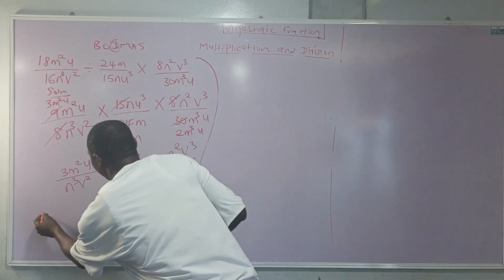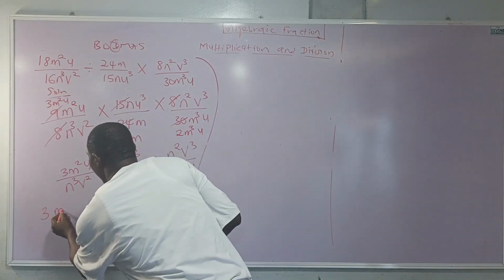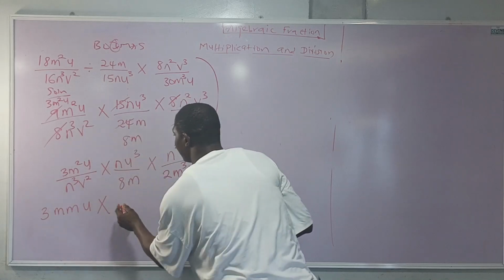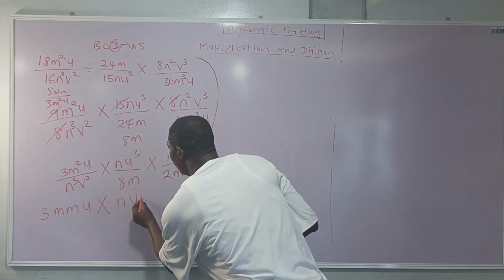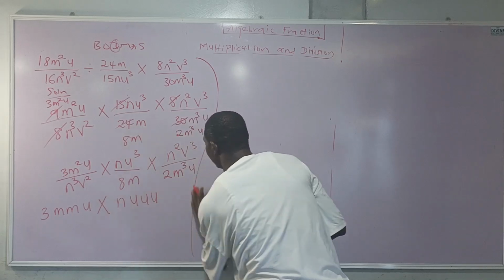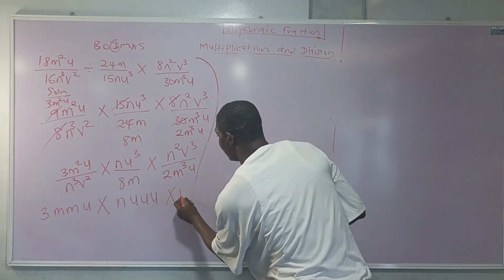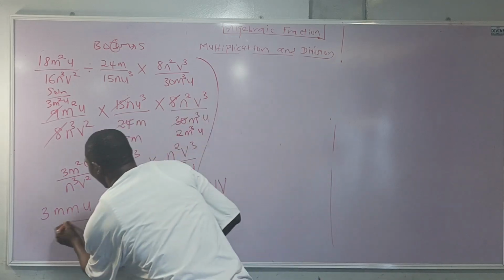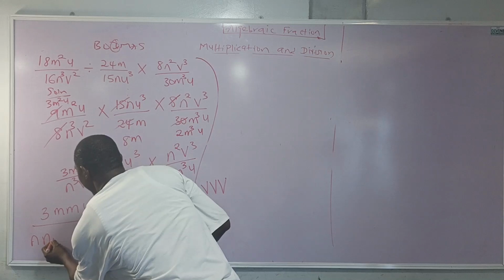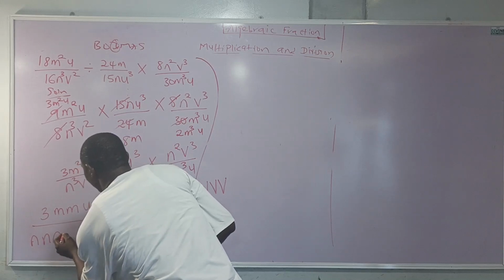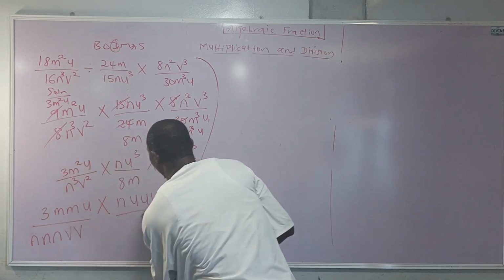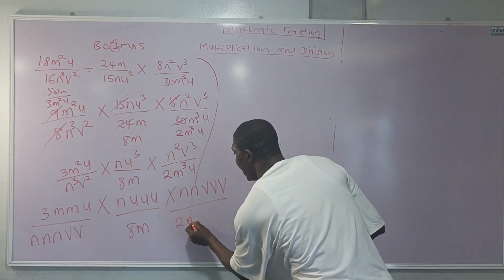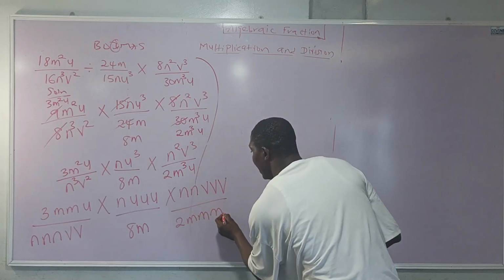So I'll have 3 m n u times n u u u times n n v v v over n n n v v over 8m over 2m m m u.